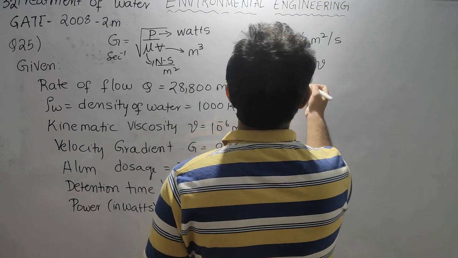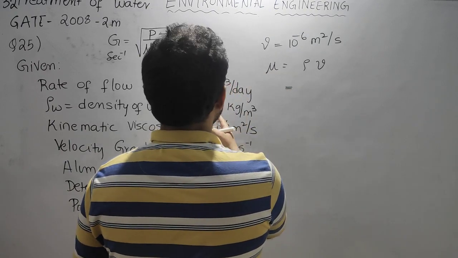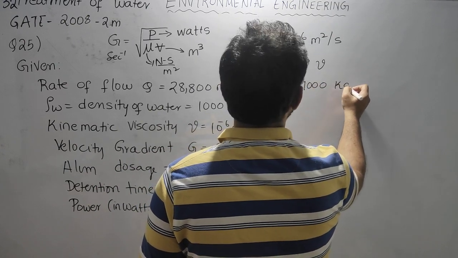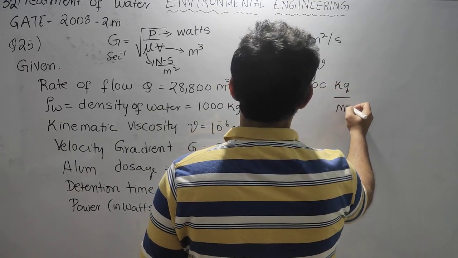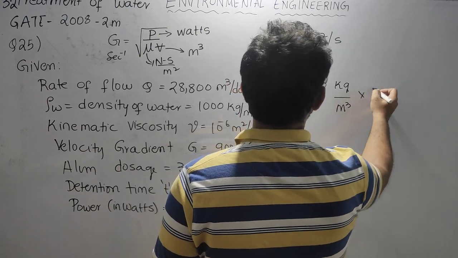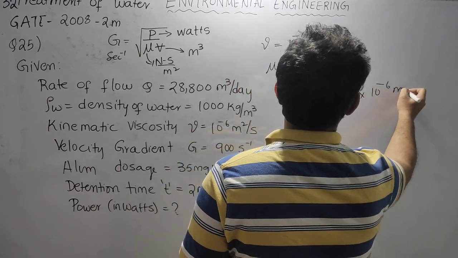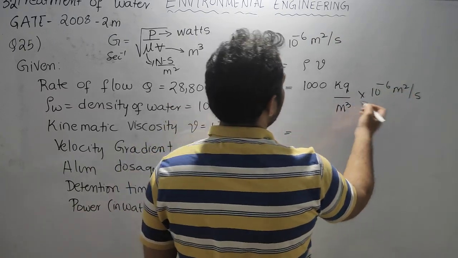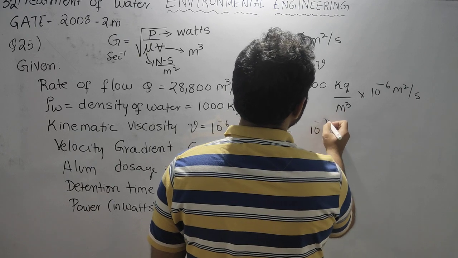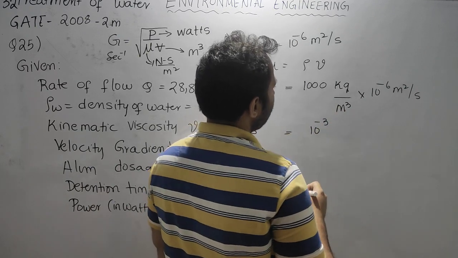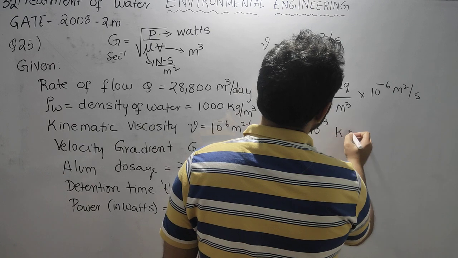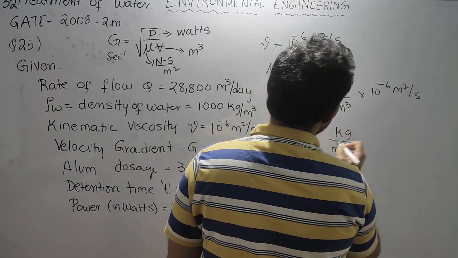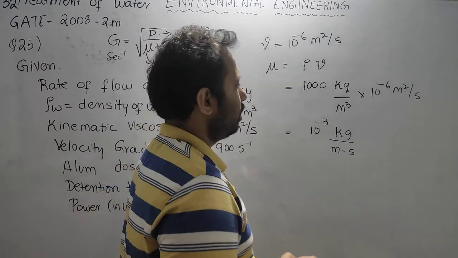Rho is 1000 kg per meter cube into nu, 10 to the power of minus 6 meter square per second. So this is coming around 10 to the power of minus 3 kg per meter second.